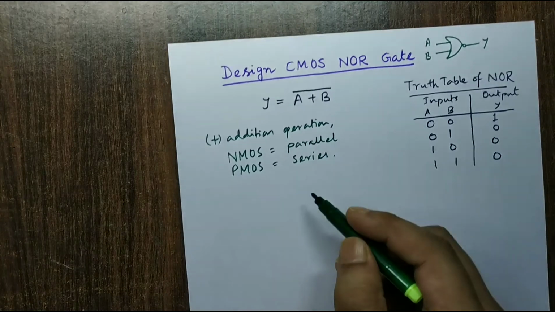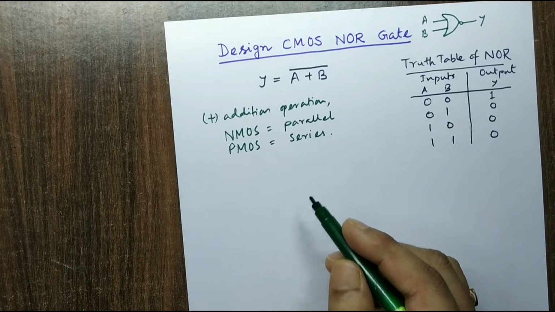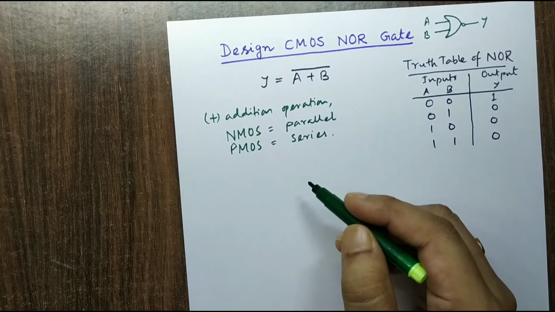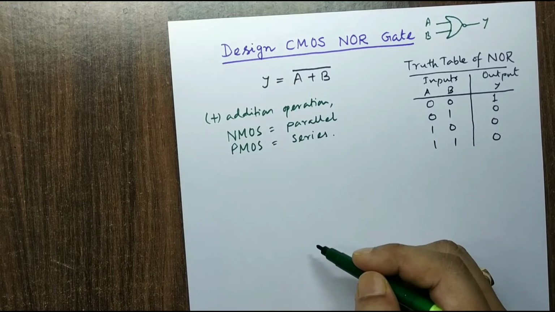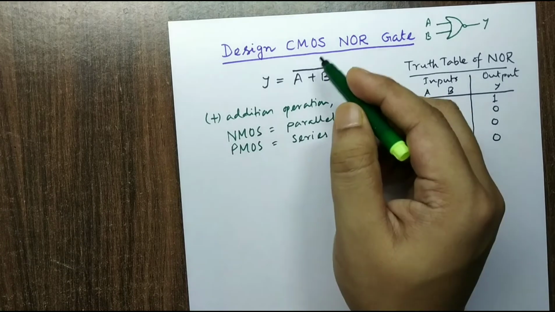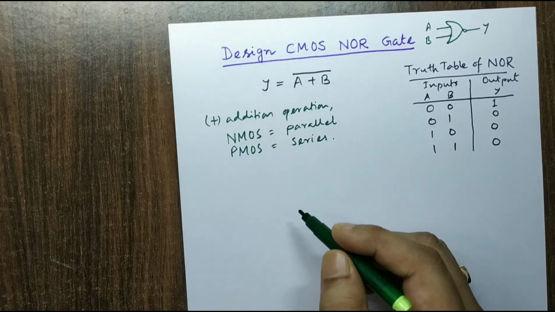For that logic, how can we design the CMOS? First we will design the pull up network, then draw the pull down network, and then connect these two to make a CMOS.